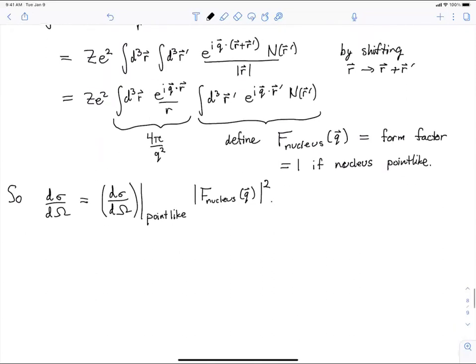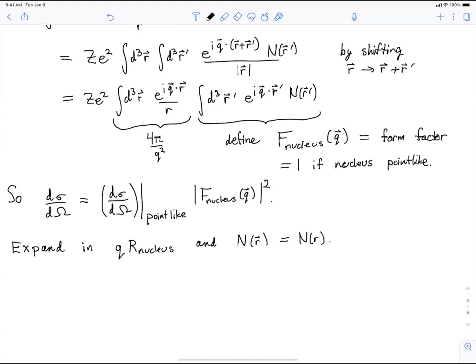Okay, so just to see how this goes, we can do an approximation where we expand in q times the size of the nucleus. And we're going to assume, even though it's not quite true, that the relative density is a function of radius.